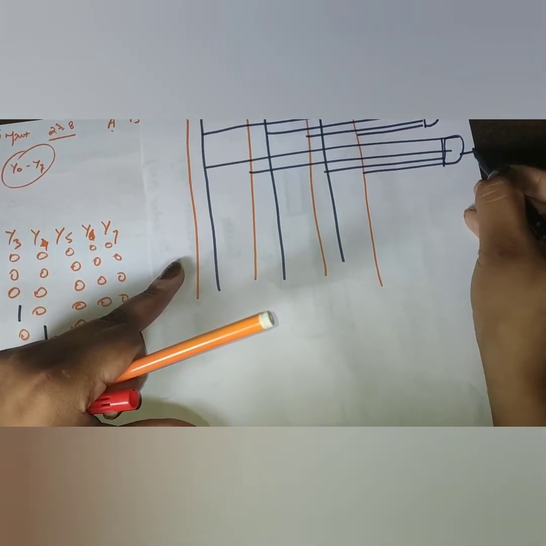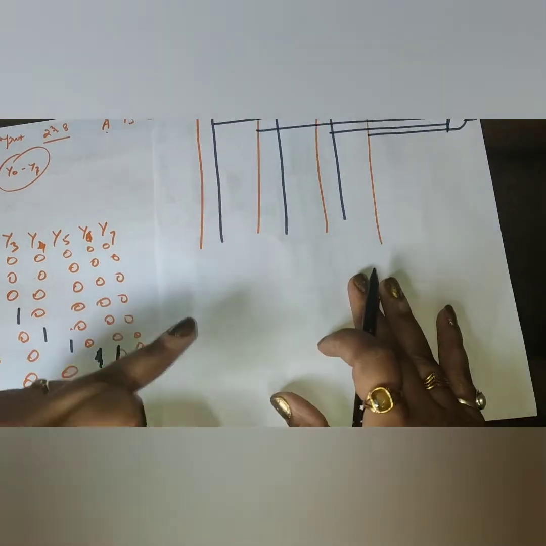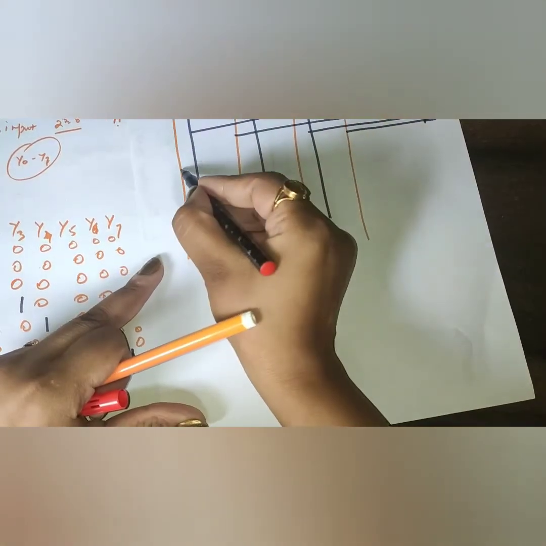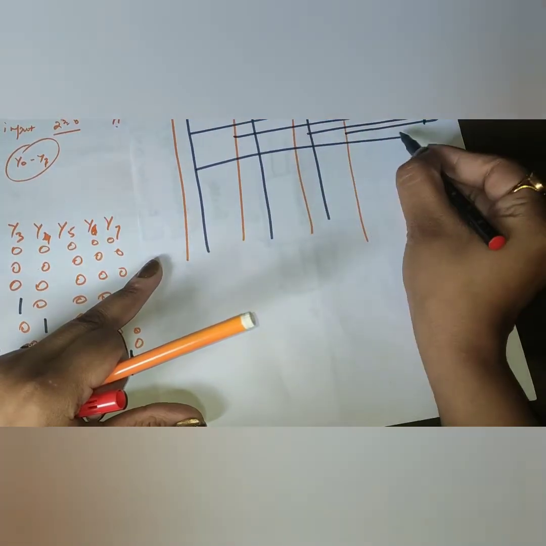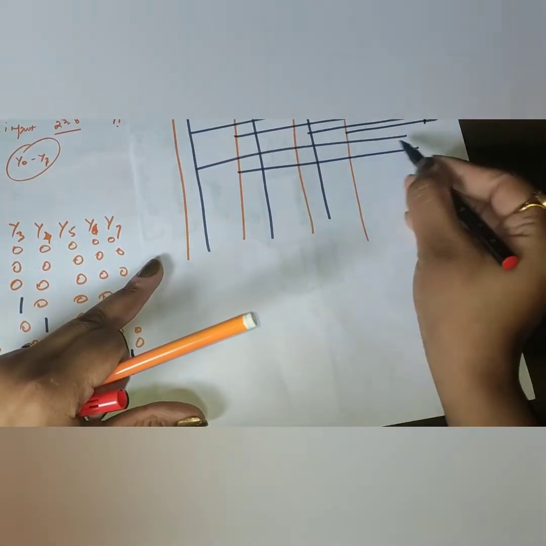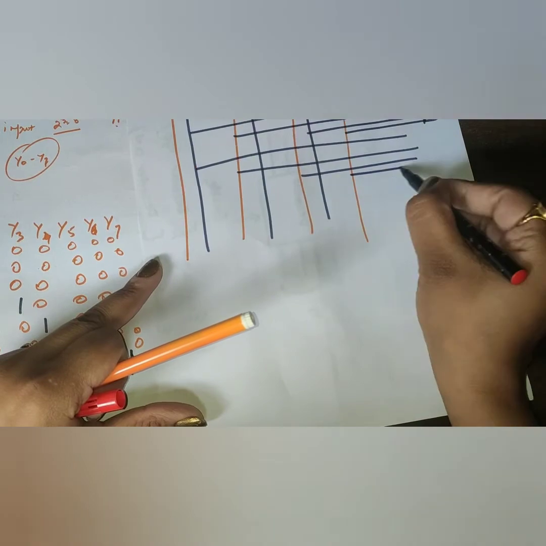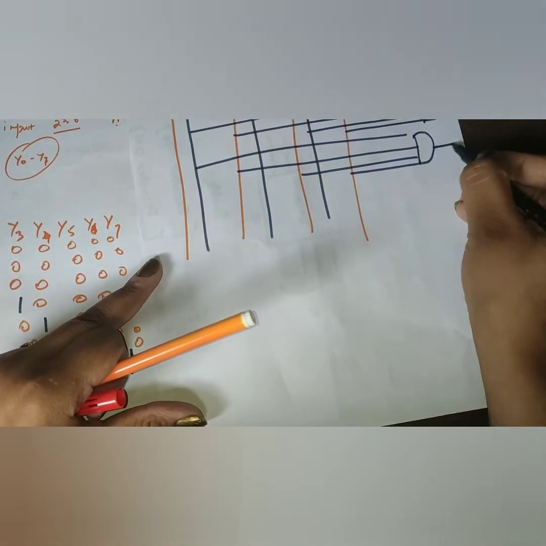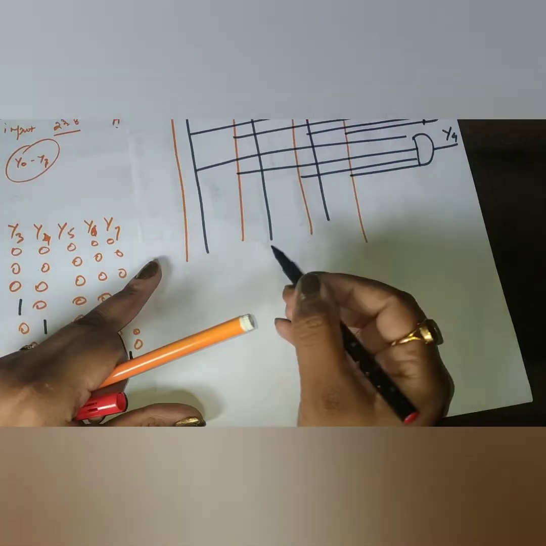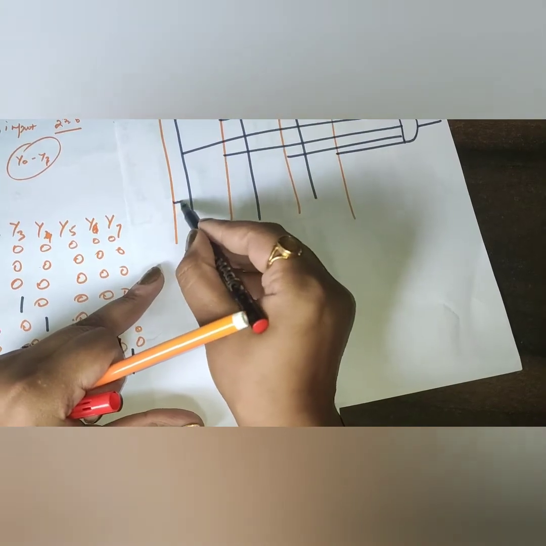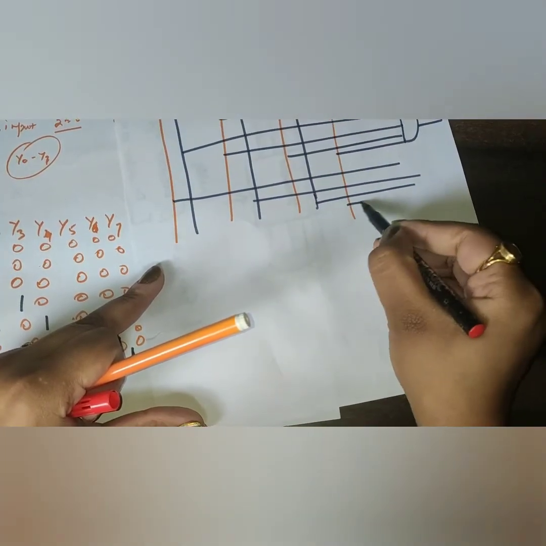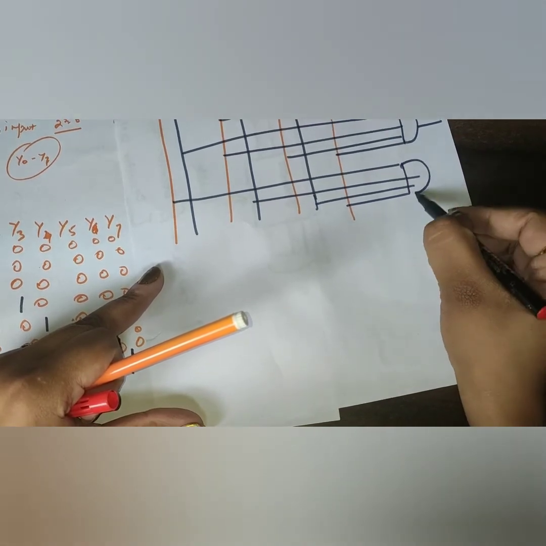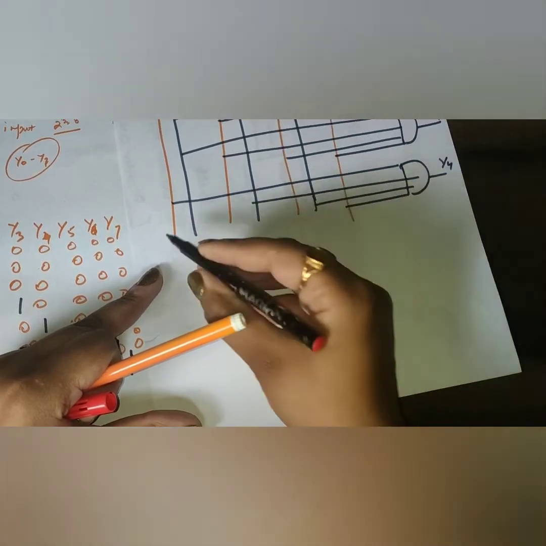Now 011, 0 is like this, 1 will be this, and the enable signal is 1. For y3 it is like this. Then 100: 1 is this, 0, 0 and the enable signal, that will be y4.